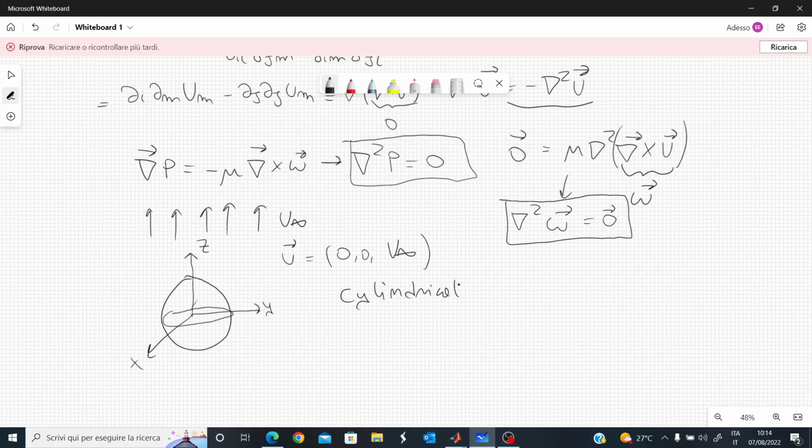So the z-axis is passing through the center of the sphere, while r, the radius r, is measured perpendicular to the z-axis. So this will be simply the square root of x squared plus y squared. Or maybe in general in spherical coordinates you also have rho, which is the square root of x squared plus y squared plus z squared, which is the distance from the origin. But in this case we are considering r.